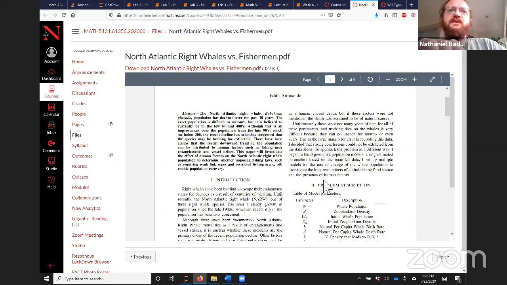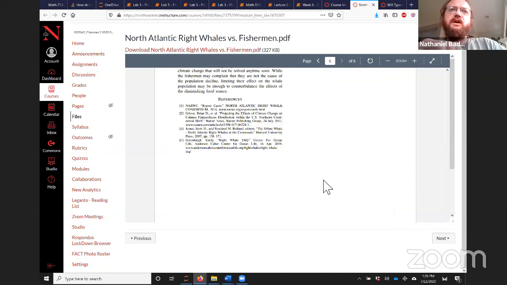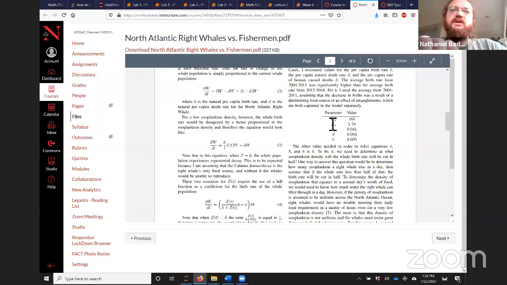The thing that I wanted to point out about this piece that Edith did, which I thought was important, is a pretty simple model.